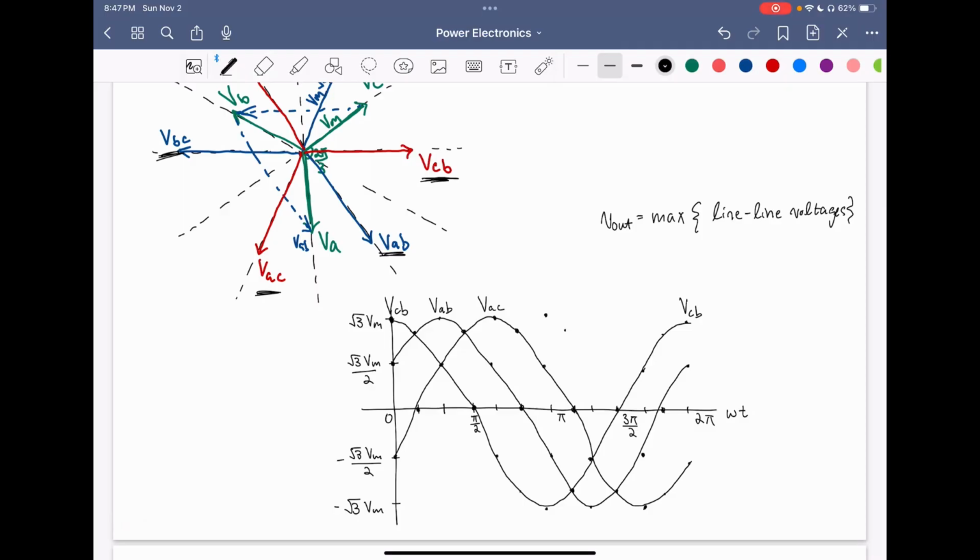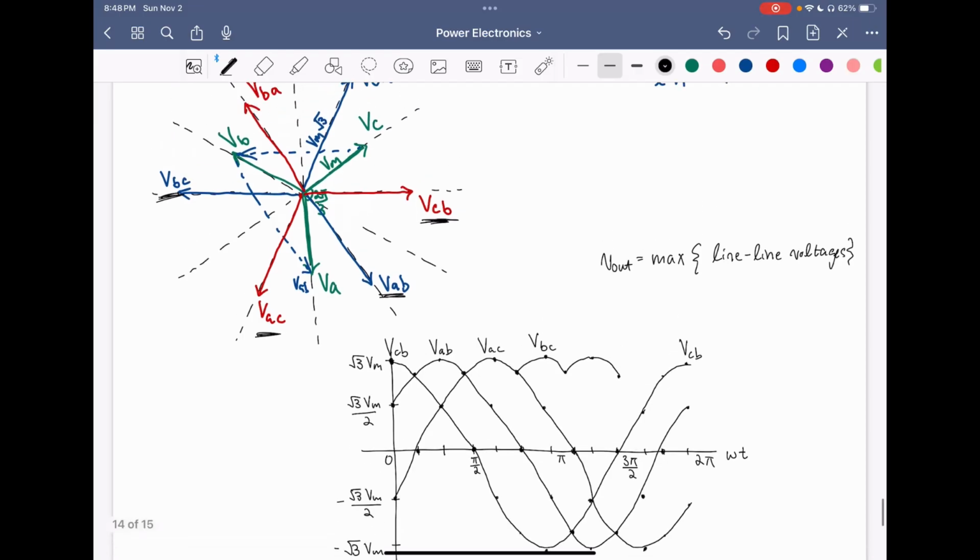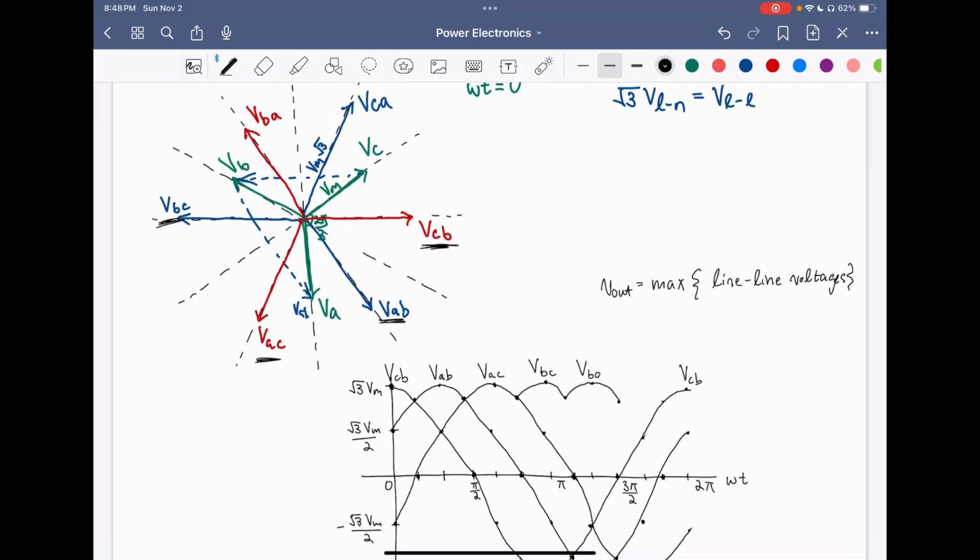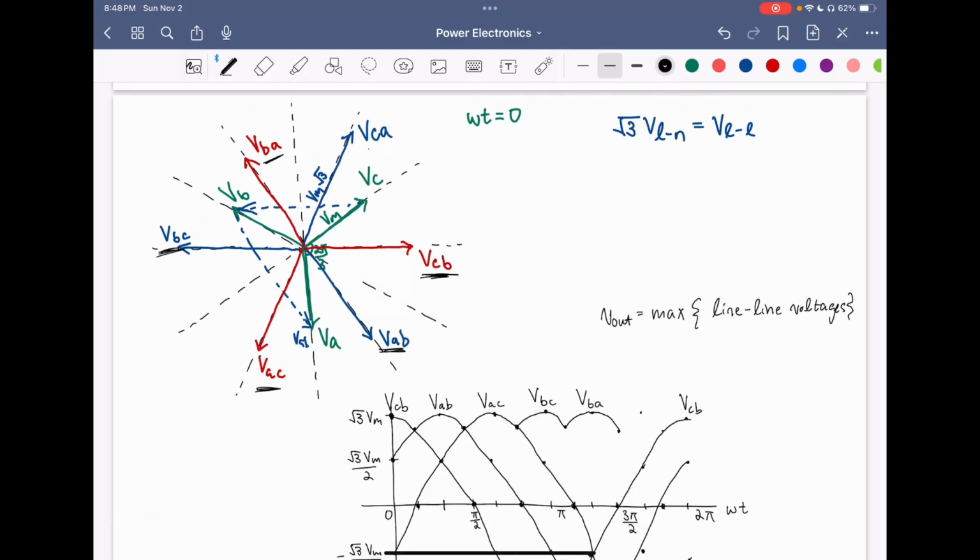So that's all we need to draw. So this is going to be VBC. Yeah, we've figured out the pattern. So this allows us to extend our analysis from the other curves. VBA. And then lastly, we have VCA.